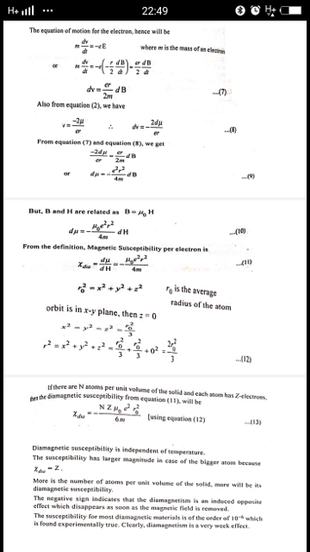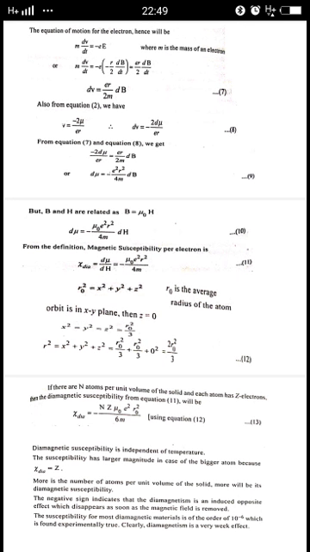Also we assume that there are n atoms per unit volume of the solid, and each atom has z electrons. Then we multiply equation 11 by n, the total number of atoms per unit volume, and by z, the number of electrons in each atom, and substitute the value of r square.